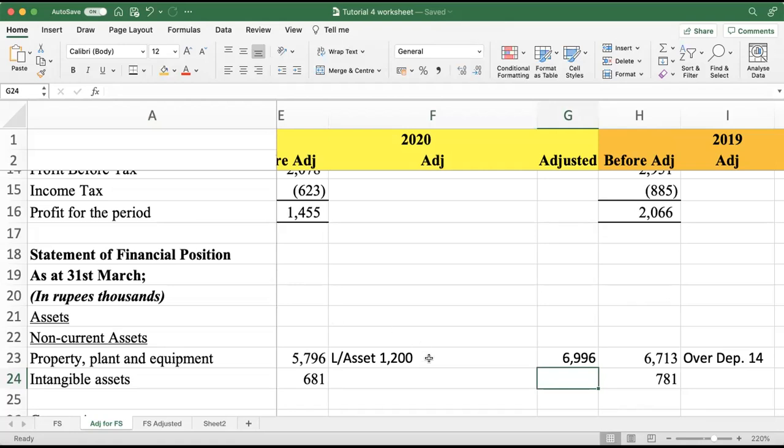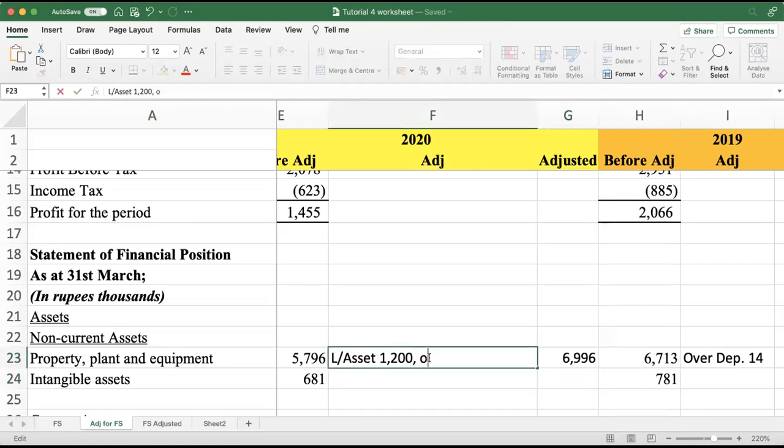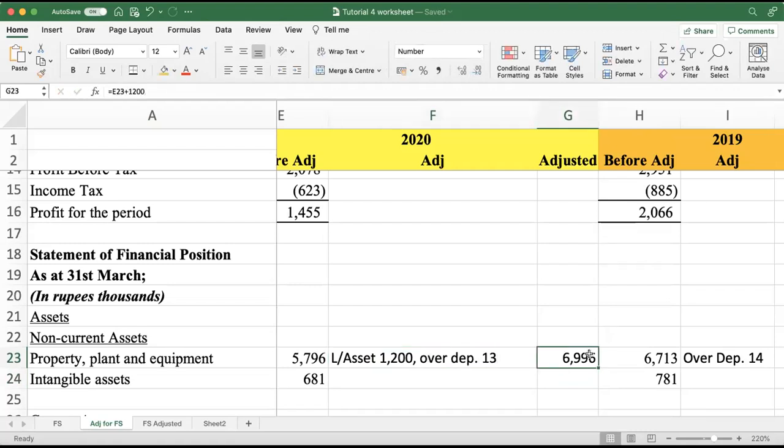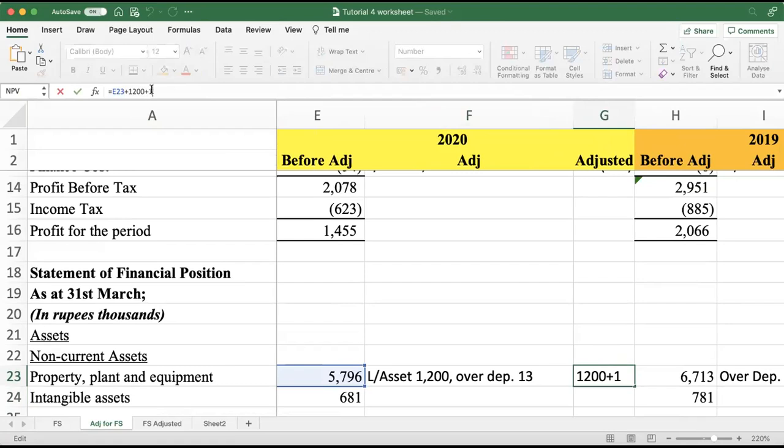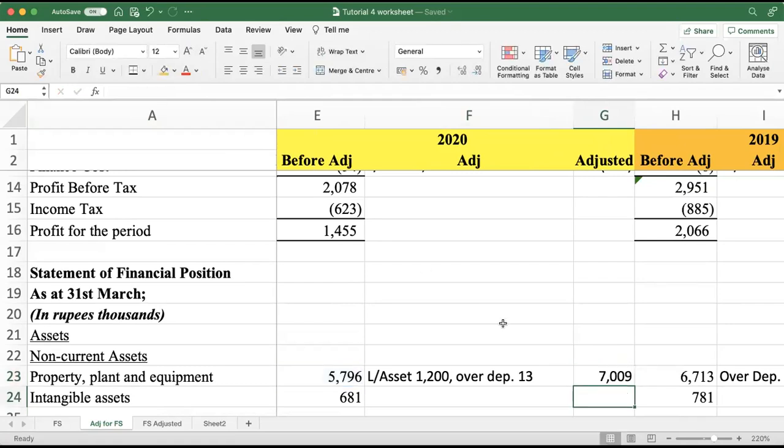Then you have to adjust the over depreciation. Over depreciation 13. Then asset value goes up by 13.